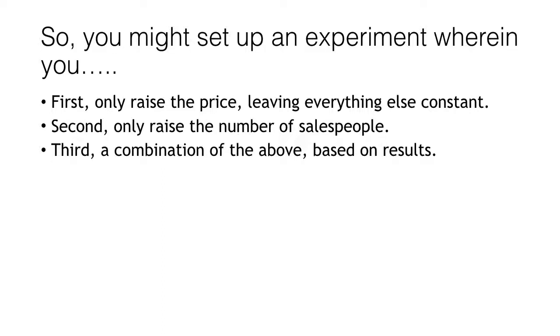First, you could raise the price, leave everything else constant. Second, leave everything else constant, but raise the number of salespeople some amount. And third, you could do a combination of the two after you've seen the results of those other two decisions.